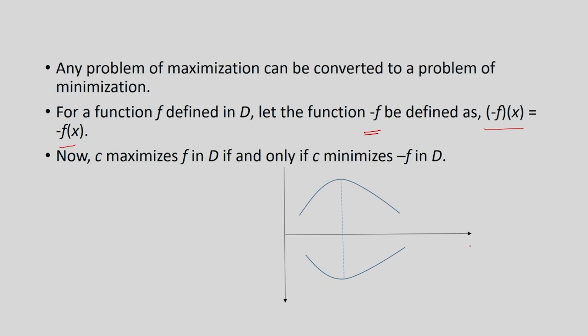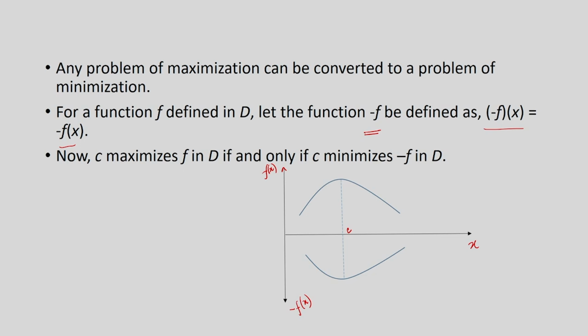Here you have this x variable along this axis and this is f(x), and here is suppose C, and this is f(x). So, this is minus f of x. You have the mirror image of this graph in the fourth quadrant.